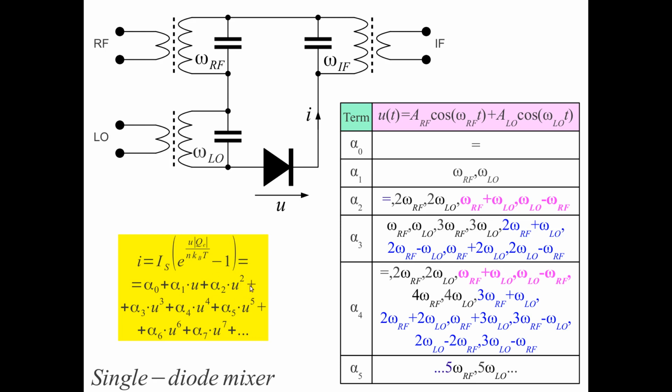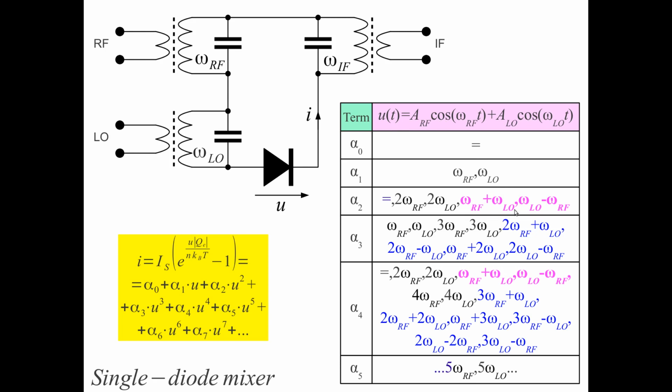So out of this term we may obtain also mixing. The squares themselves provide the second harmonic, but the product of the two voltages provides the mixing. These are the terms of frequency mixing here, when our voltage is the sum of two voltages, the radio frequency voltage and the local oscillator voltage.